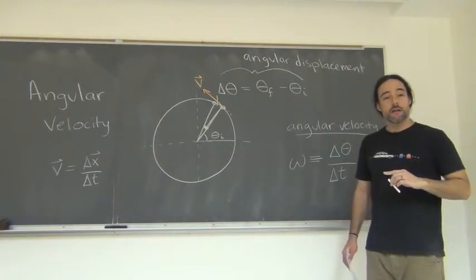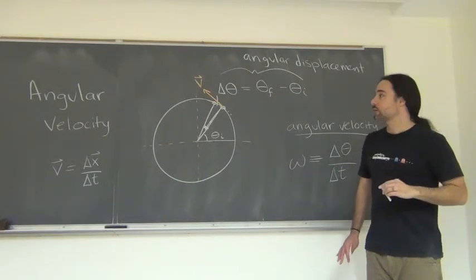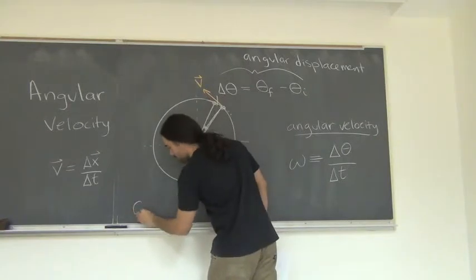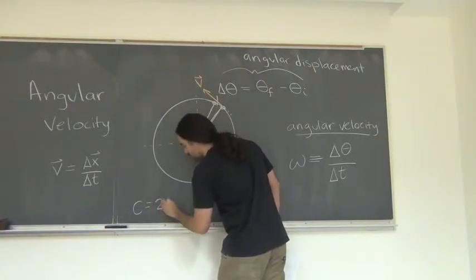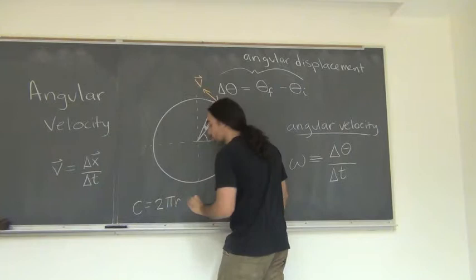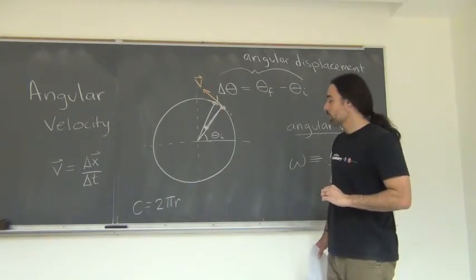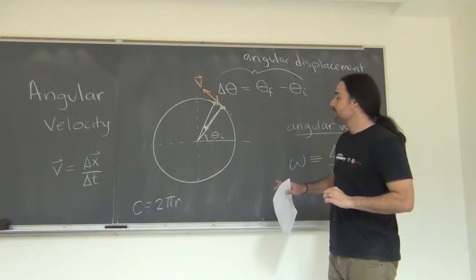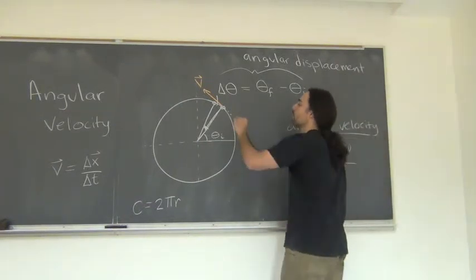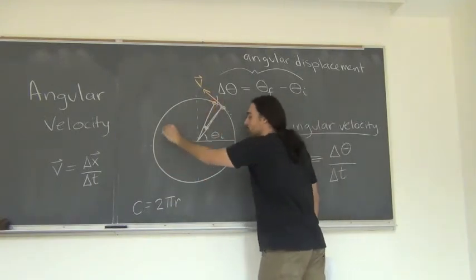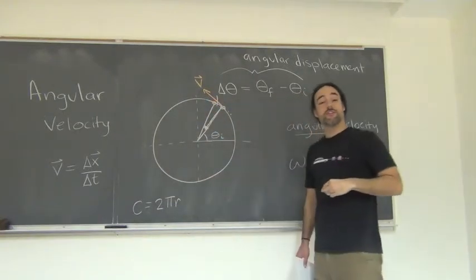Now, there's a few things we can pay attention to here. Recall that the circumference of the circle, I'll write it down here, is 2 pi times the radius of the circle, which means that in the time it takes to go one full period around the circle, you've traveled a distance 2 pi r.